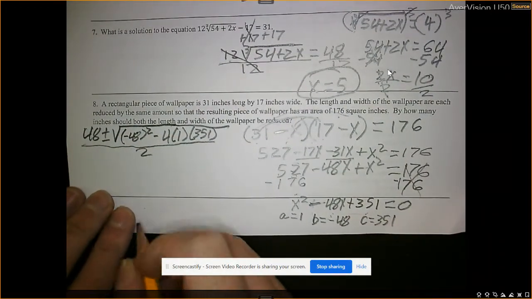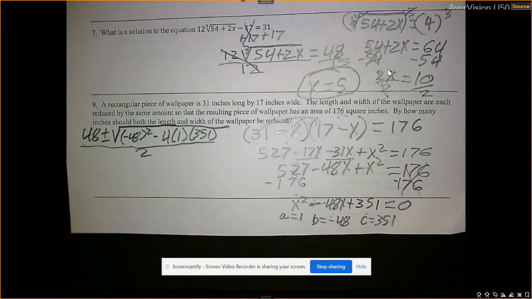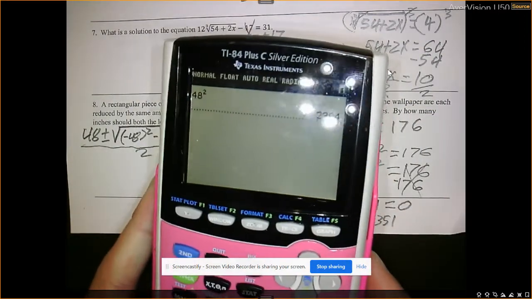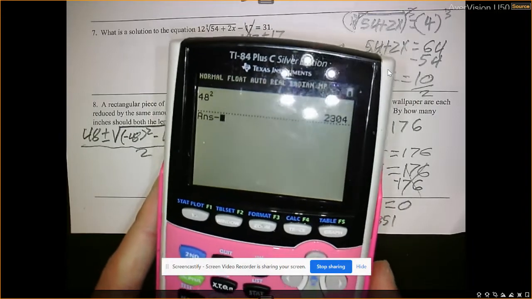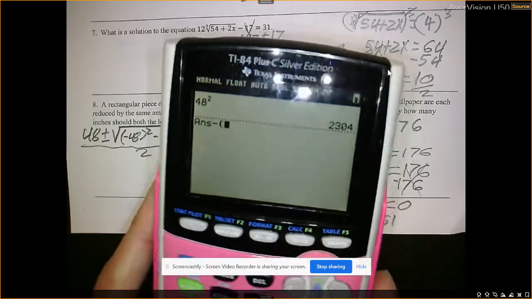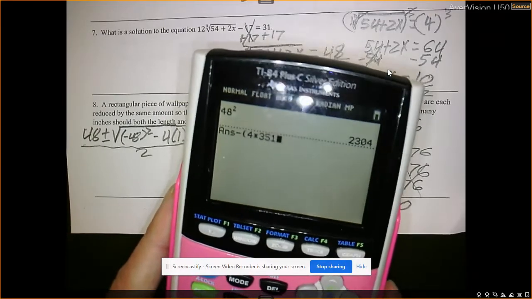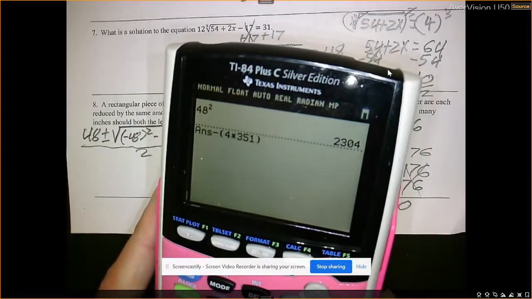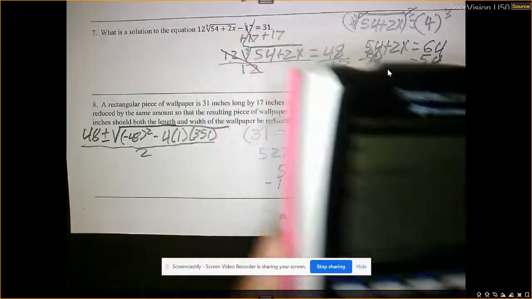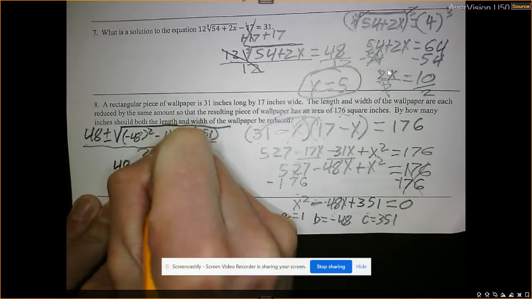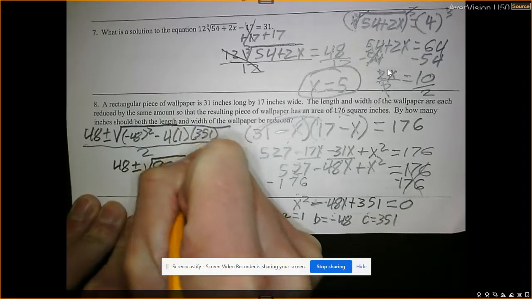Negative 48 squared, I'm actually going to do all this. 48 squared, that's 2304. And then that's minus 4 times 1. Well, 4 times 1 is just 4. So minus 4 times 351. You can just put it in your calculator like that. And you get 900.